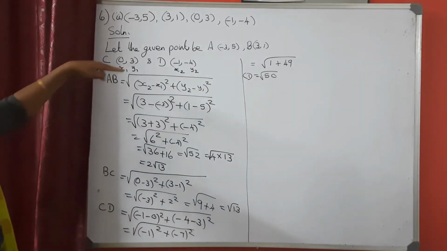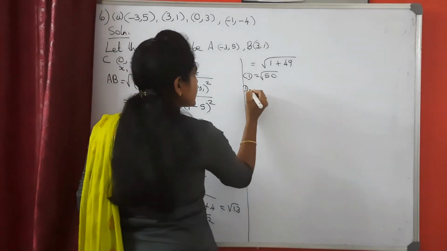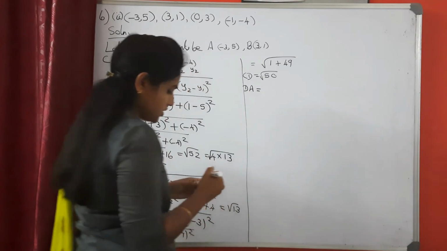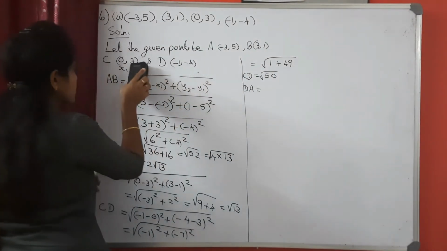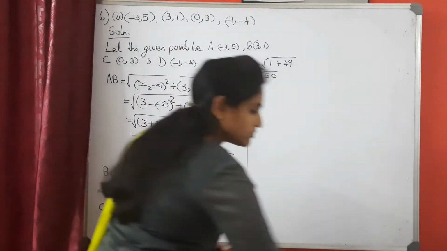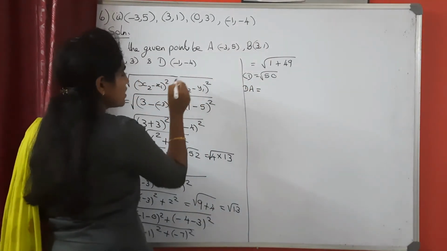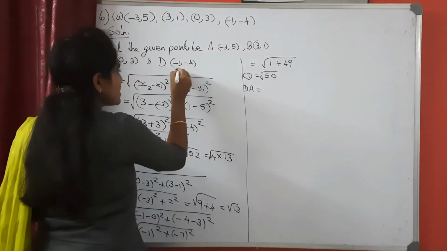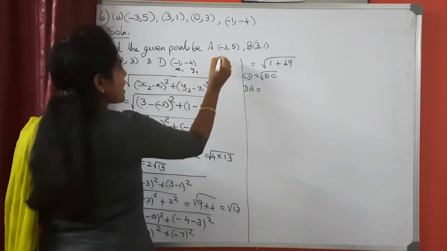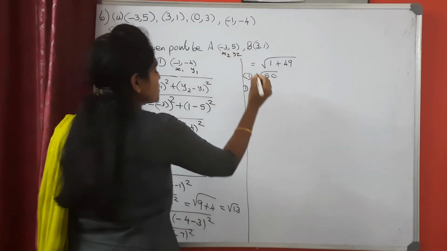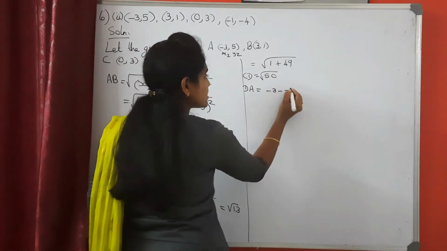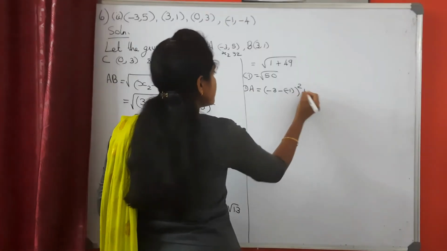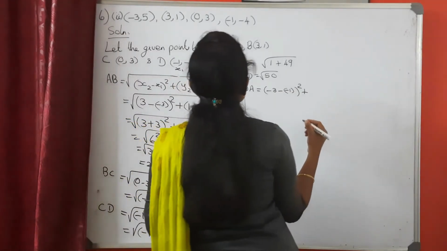Next we need to find the DA. DA equal to, now this is x1 and y1 and here x2 y2. What's the formula? x2 minus x1 the whole square plus y2 minus y1 the whole square.